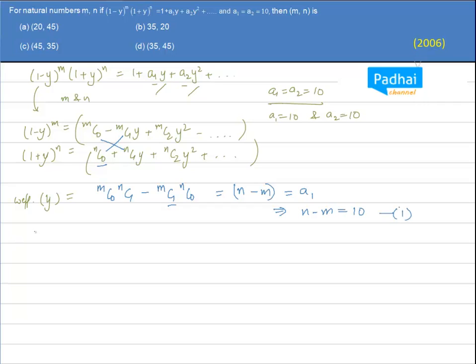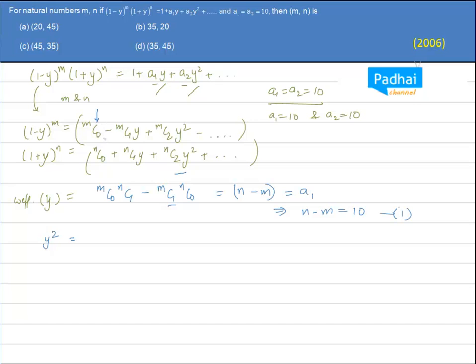Now let us try to find the coefficient of y². Let me rub off the earlier things that we have done. Now let's see what will be the coefficient of y². If y² has to be included, then it has to be multiplied with the constant of the other product.